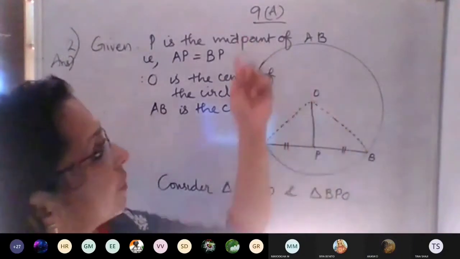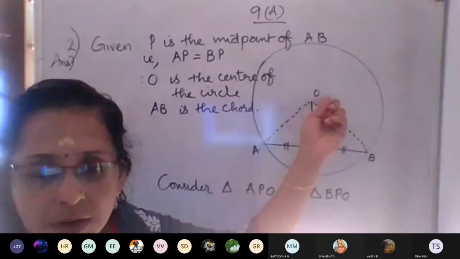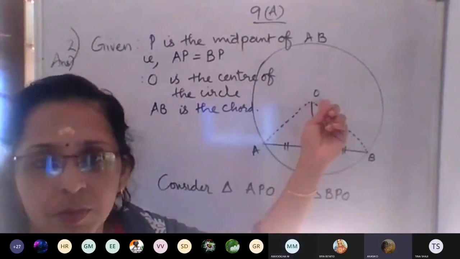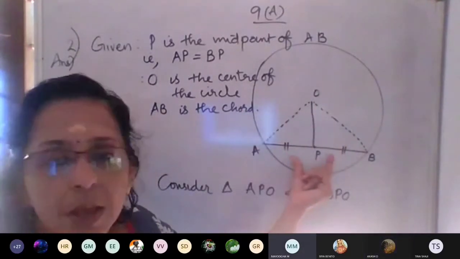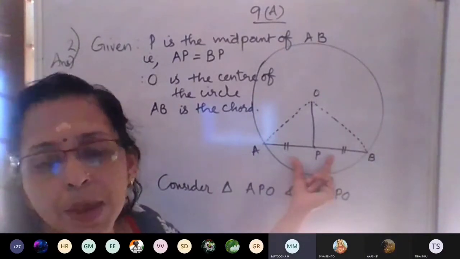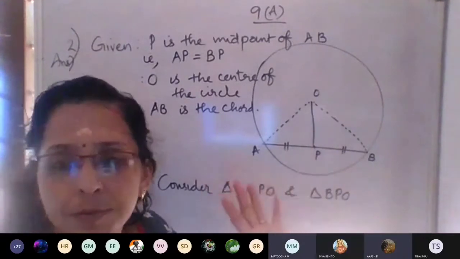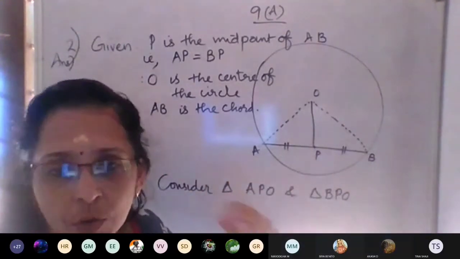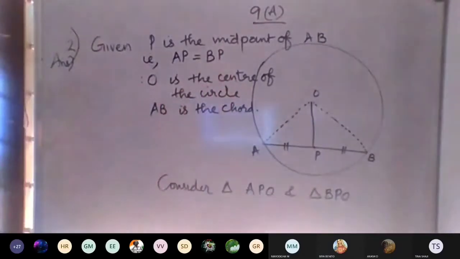Tell me, instead of all these things, in the given figure, O is the center of the circle, and P is the midpoint of chord AB. Given things you have to write in your own sentence or like this.